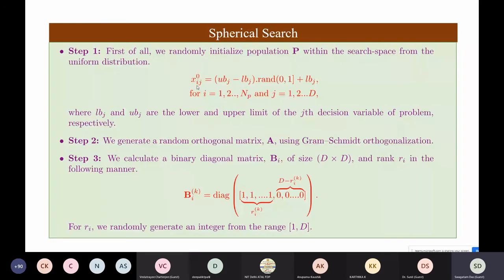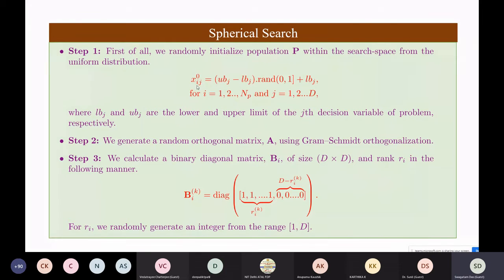Step 2 is we generate a random orthogonal matrix A by using Gram-Schmidt orthogonalization. We calculate a binary diagonal matrix Bi of size D cross D. So once we generate each solution vector, we generate a random orthogonal matrix. Any orthogonal matrix has its columns orthogonal to each other.